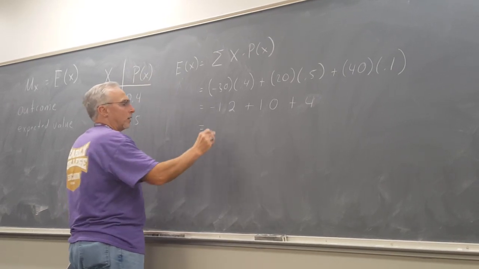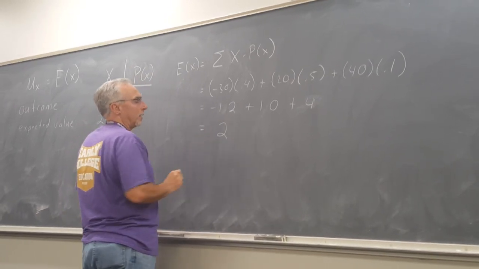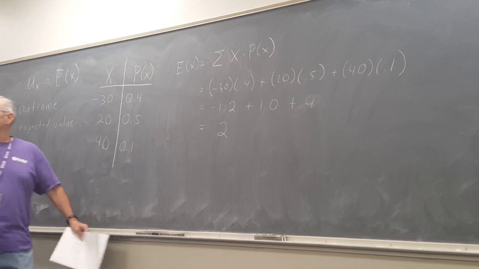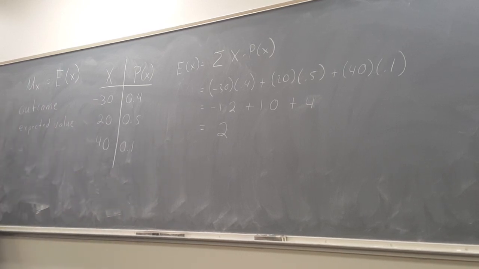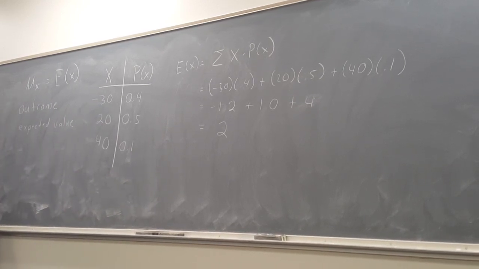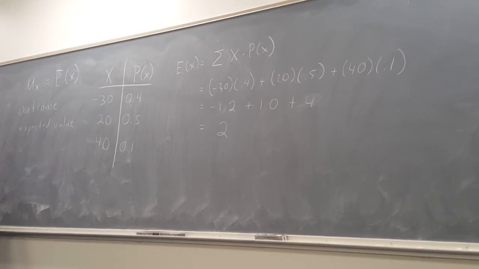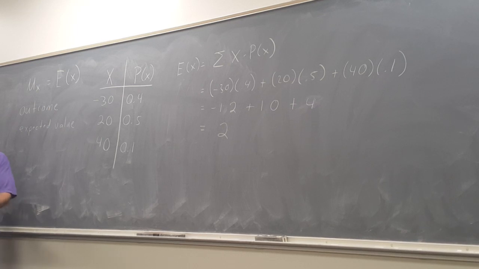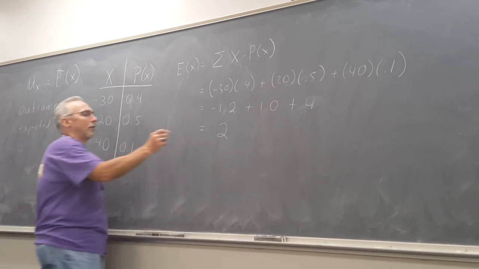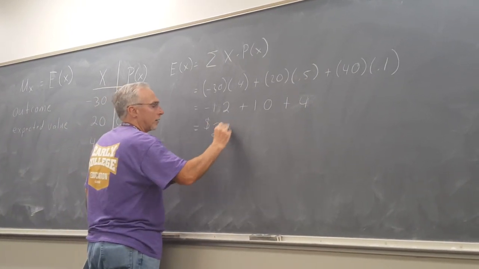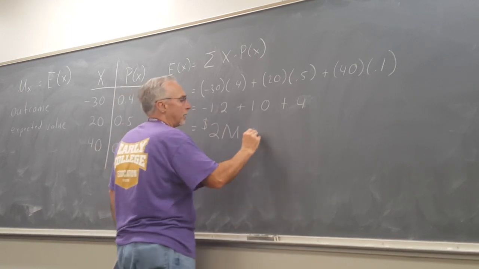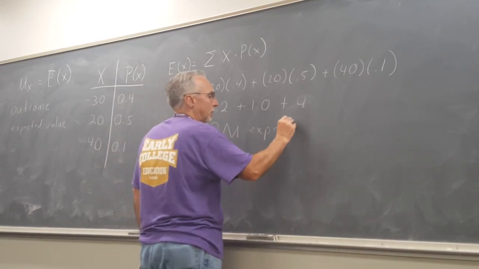So after all that work, I get 14 and negative 12, which is 2. Now, I'm really picky on units. This is 2 what? $2 million, exactly. That would be my expected value.